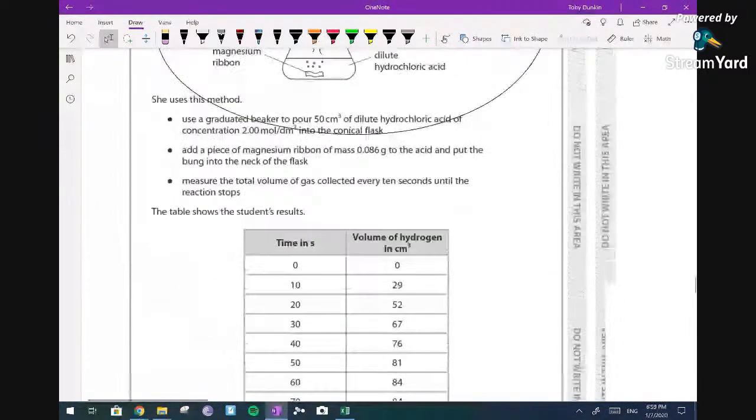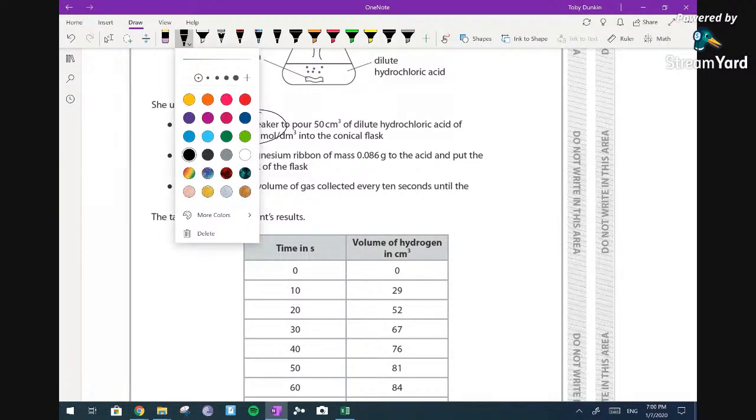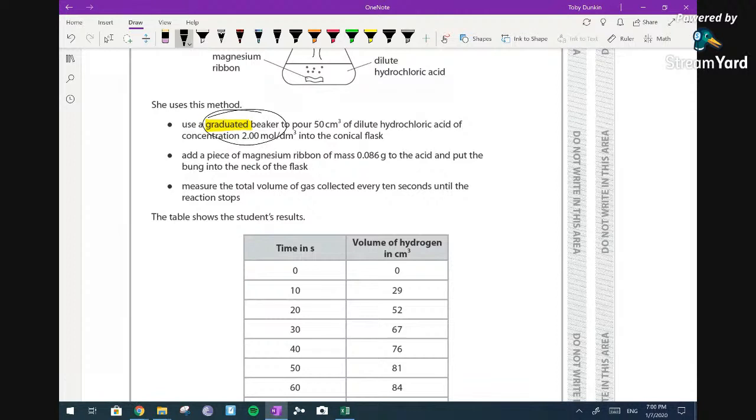Okay. So the next thing I then said is she uses this method, and they then describe the method. So I'm just going to see if I can make this work. There we go. So it uses a graduated beaker. That's interesting. By the way, they are throwing in the word graduated there just to freak you out, year 11. The word graduated simply means it has markings that show volumes.